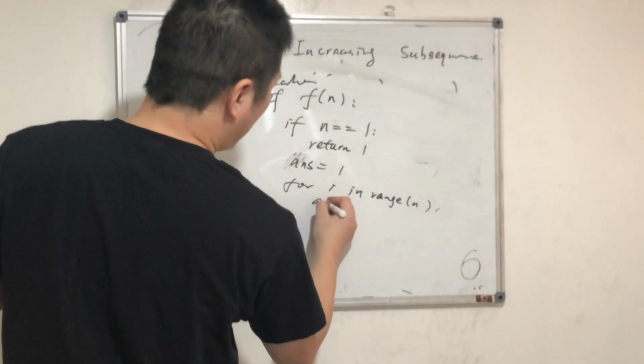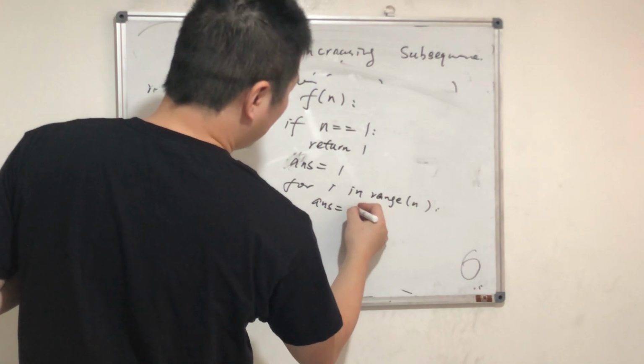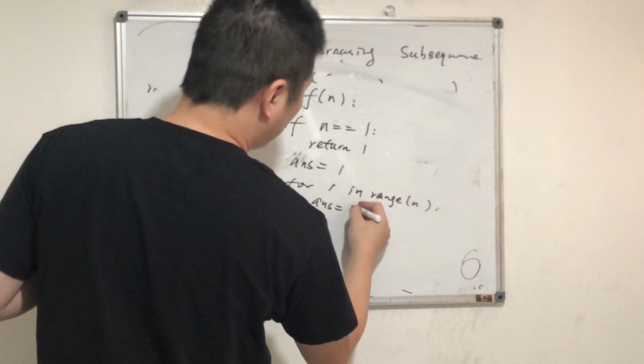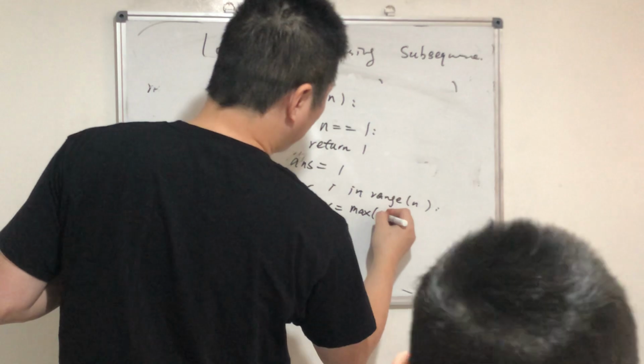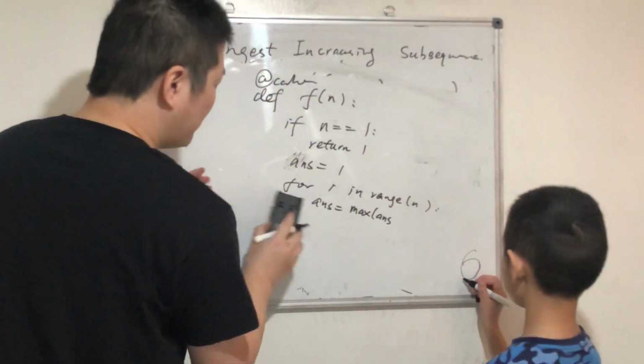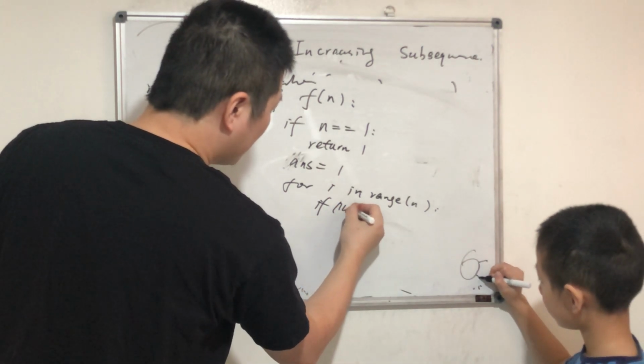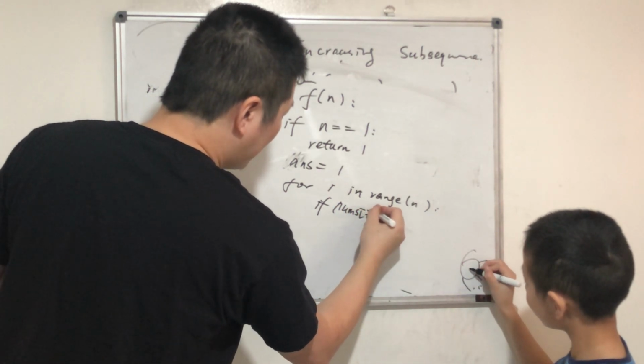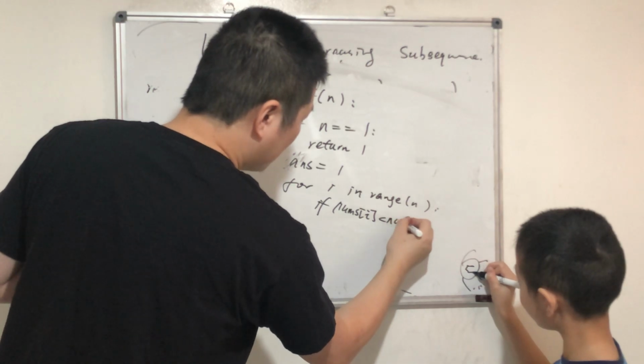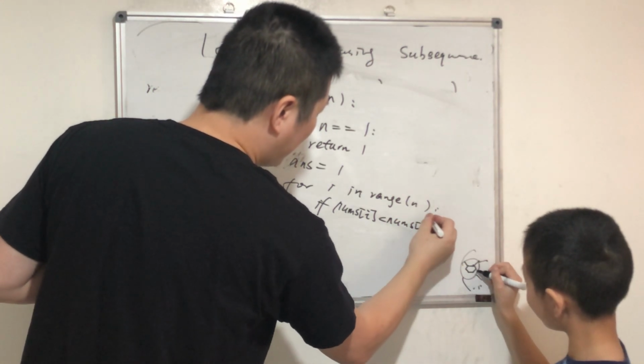Answer equals what? Answer equals max answer. We need to check if nums[i] is smaller than nums[n].